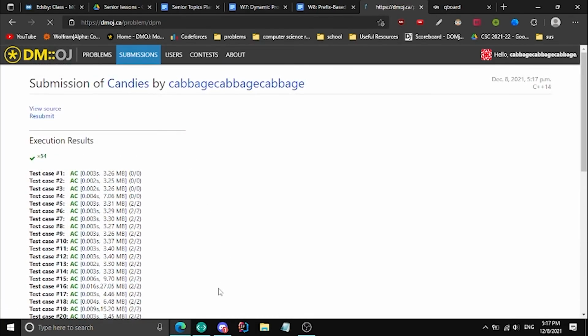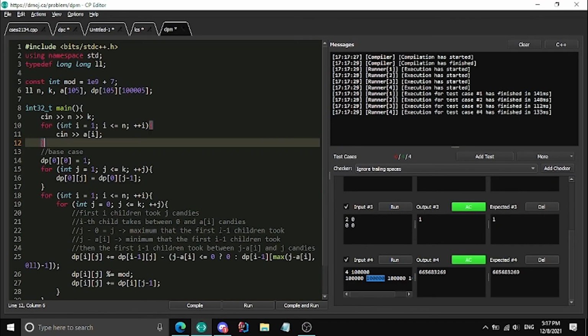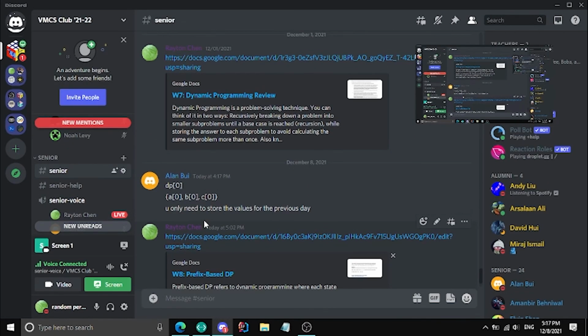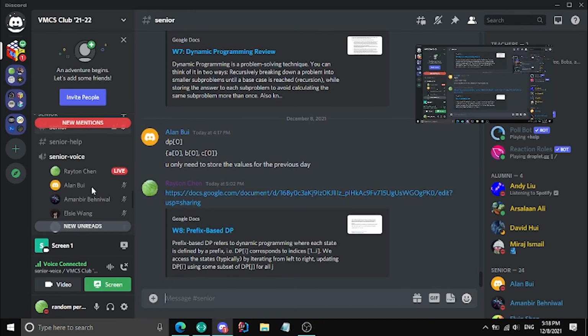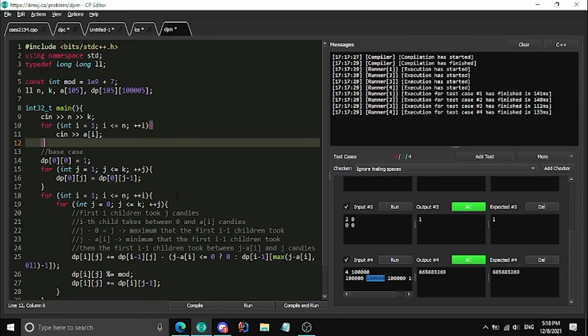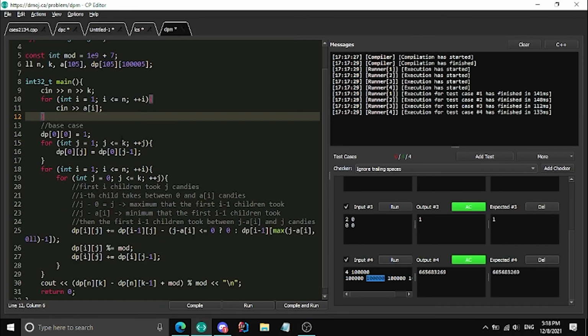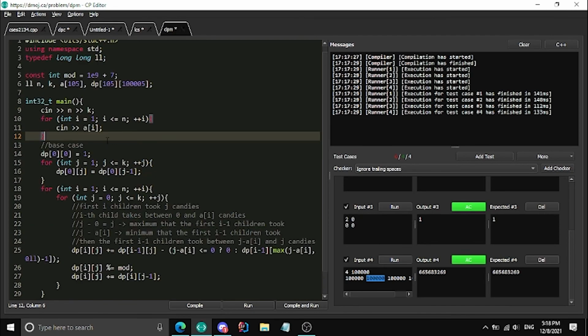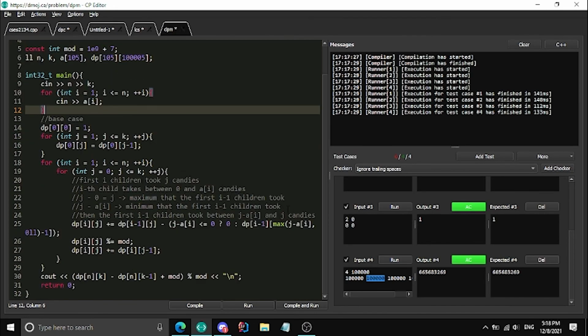Okay, so that worked. Does anyone have any questions about this problem? Okay, so I guess if no one has questions, to summarize, we had a very bad time complexity because we had a quadratic factor with respect to k.